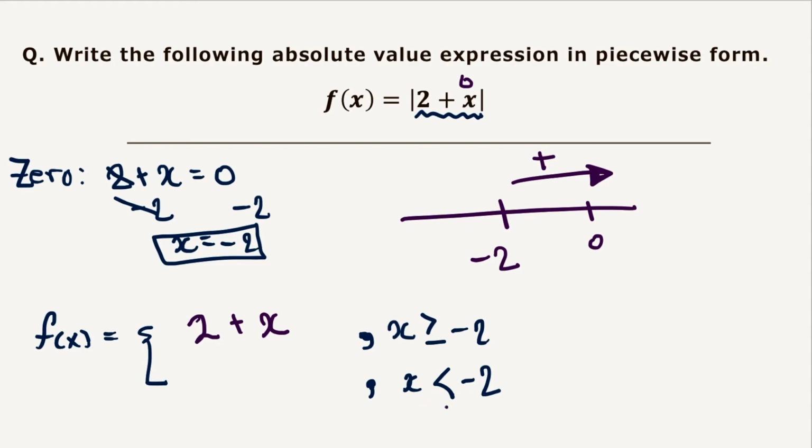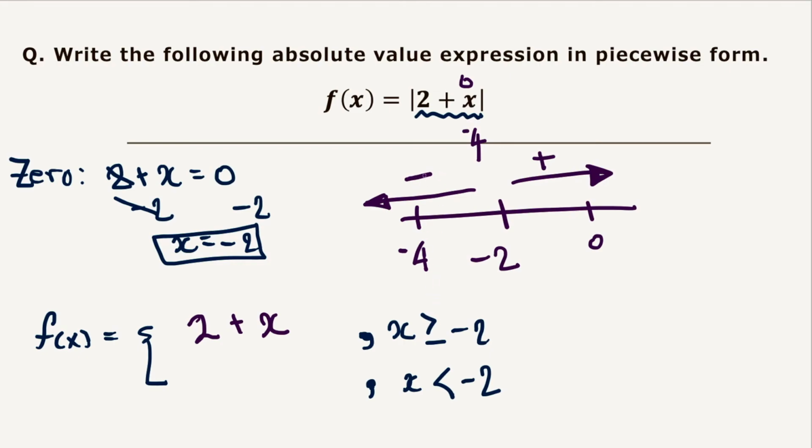How about this case? When x is less than negative 2. For example, pick any number. I'm just going to put negative 4. When x is negative 4, 2 plus negative 4 gives you negative 2. When x is less than negative 2, whatever the x is, it always brings out a negative value.